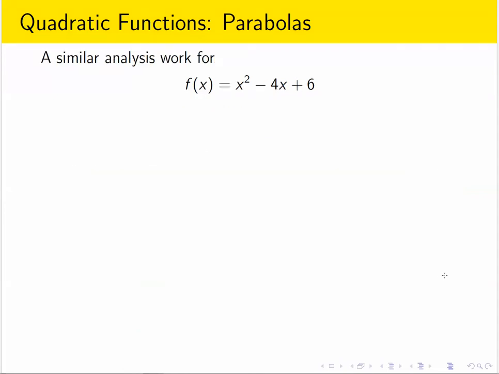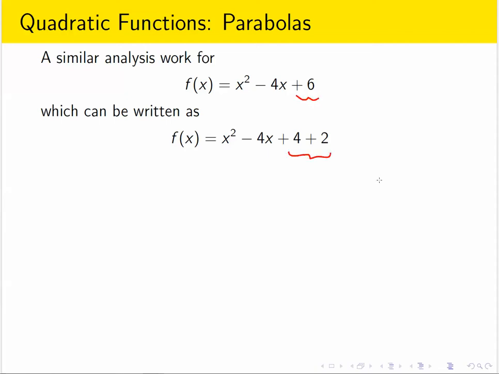Here's another example. If I have x squared minus 4x plus 6, I can rewrite it a little bit. If I split up the 6 into two pieces, 4 and 2, then the first three terms here can be factored as x minus 2 quantity squared.